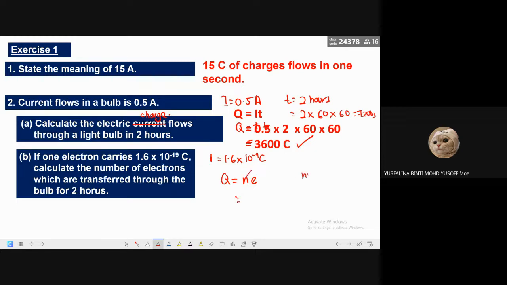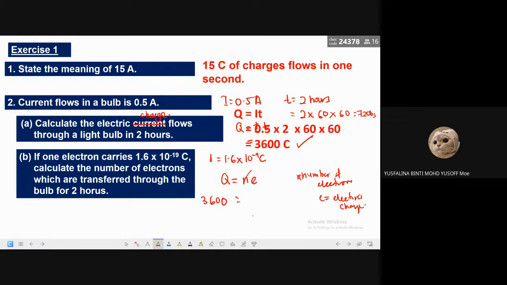This one I think they don't give in the notes. Okay, number of electrons. E is actually the electric charge. So your Q, we already have 3,600 here.